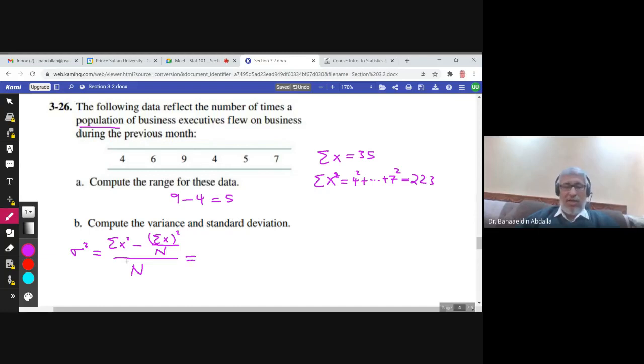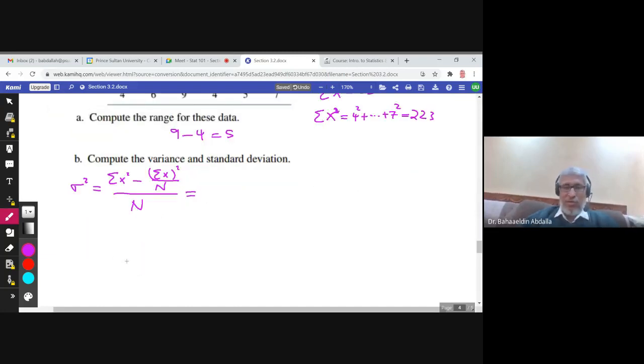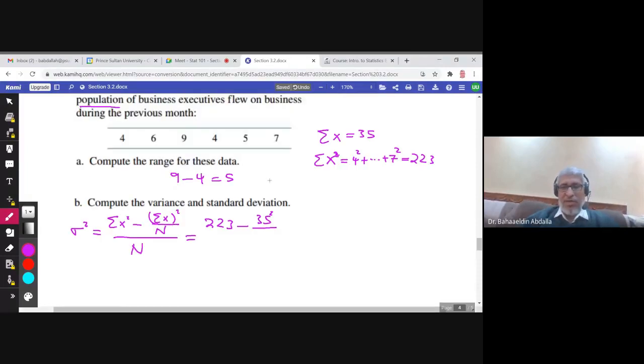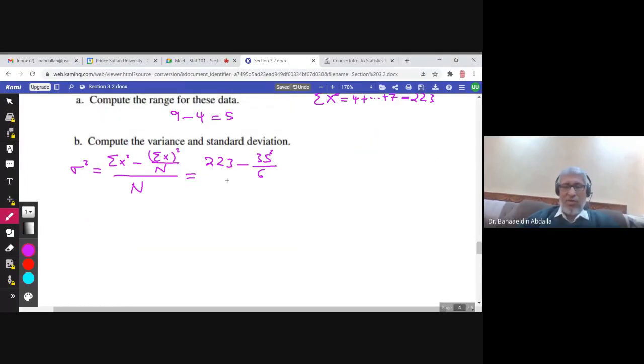So the population variance would be 223 minus 35 square over n. I have 6 numbers, so over 6, all over 6. And I can use the calculator. 223 minus 35 squared over 6. The answer is 18.83.